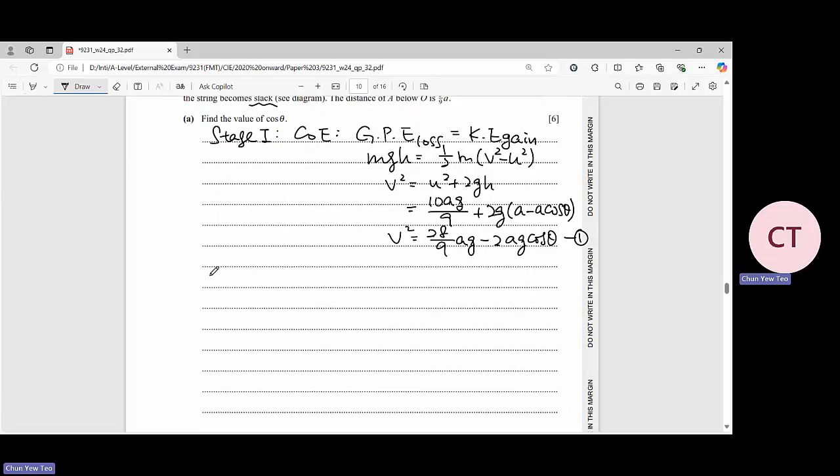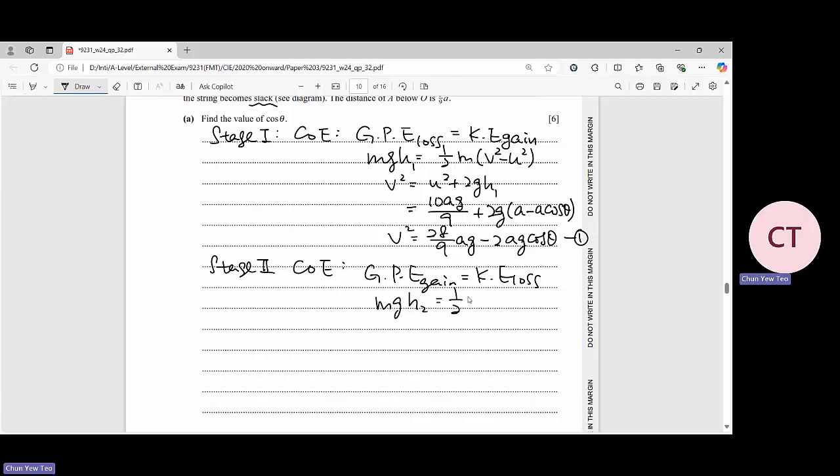Okay, then stage 2. Stage 2, also consider the conservation of energy again. This time you have a GPE gain equal to your KE loss. So this time it will be mgh, this one called h1, this one called h2.